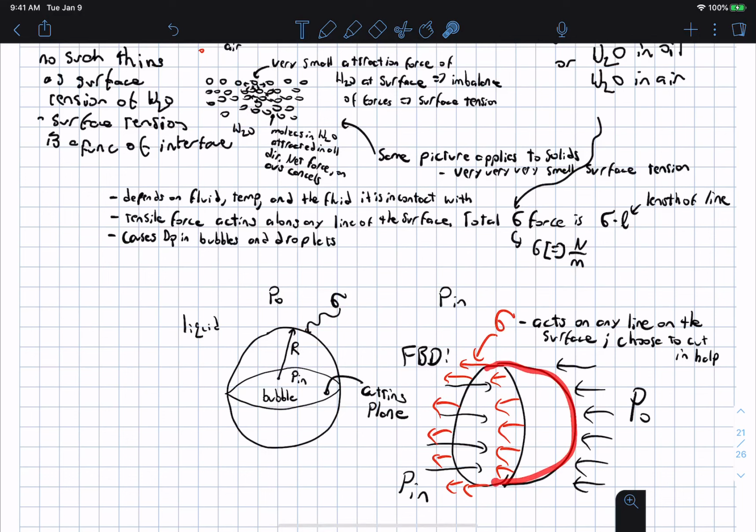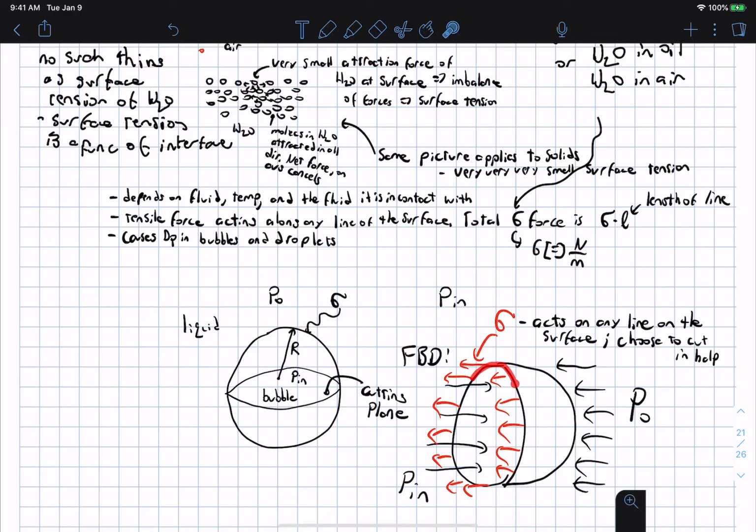Okay, so we have our free body diagram here. We have half of the bubble, and we have pressure pushing outside of the droplet, trying to push it to the left. We have pressure inside of the droplet pushing on our little planar surface here. And we have surface tension, which acts on the interface between the air inside the bubble and the liquid outside.